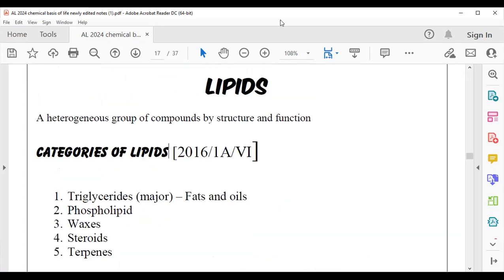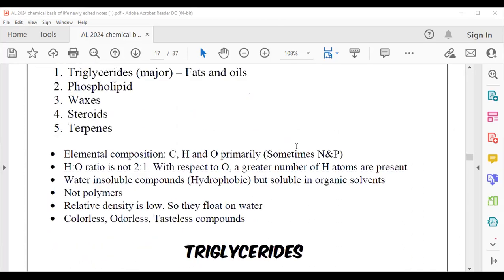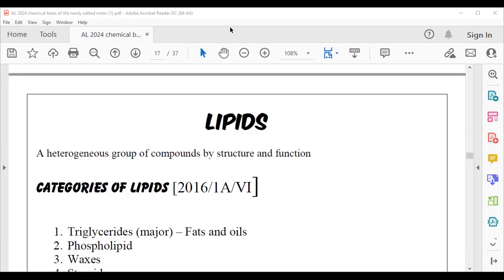If you consider lipids, they have two major properties. One, they are hydrophobic.